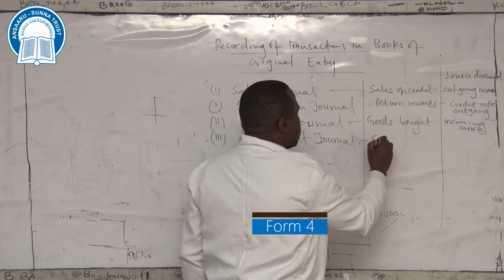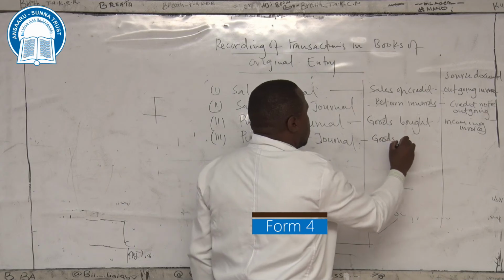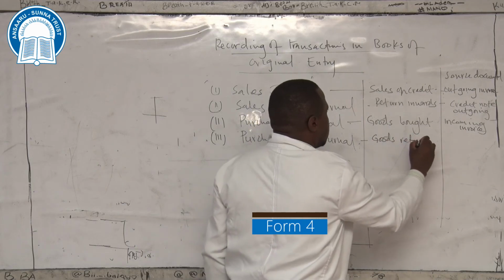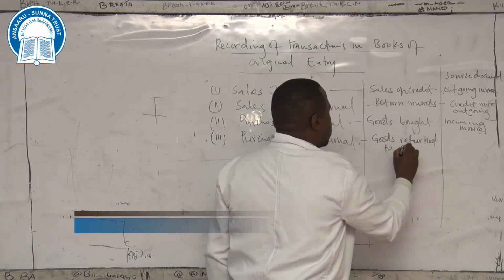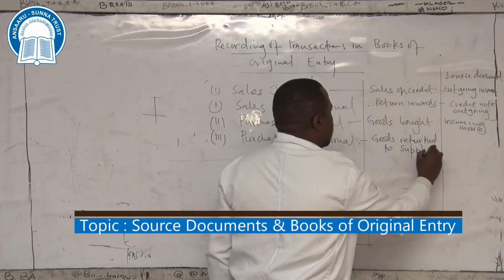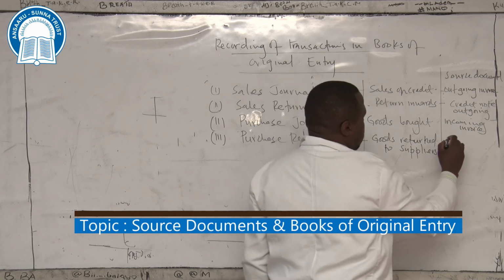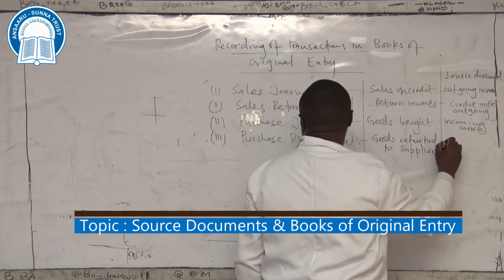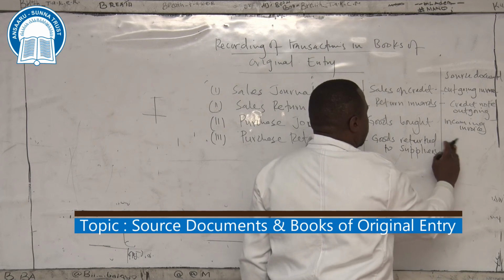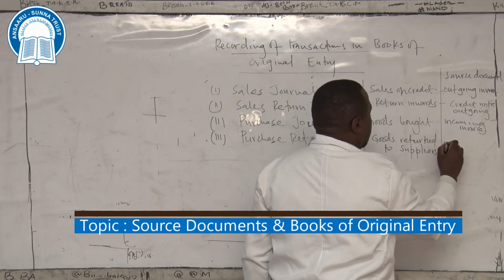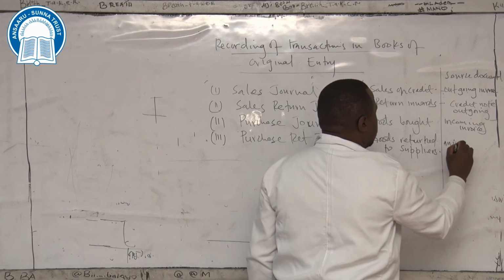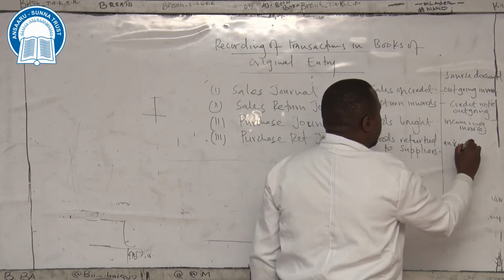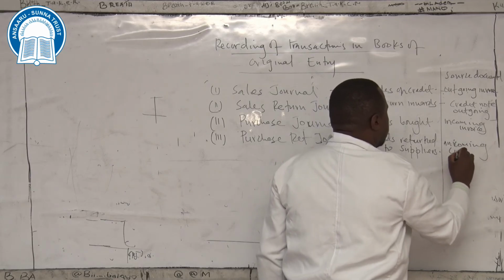This is for recording goods returned to suppliers. Here the source document is the incoming credit notes.